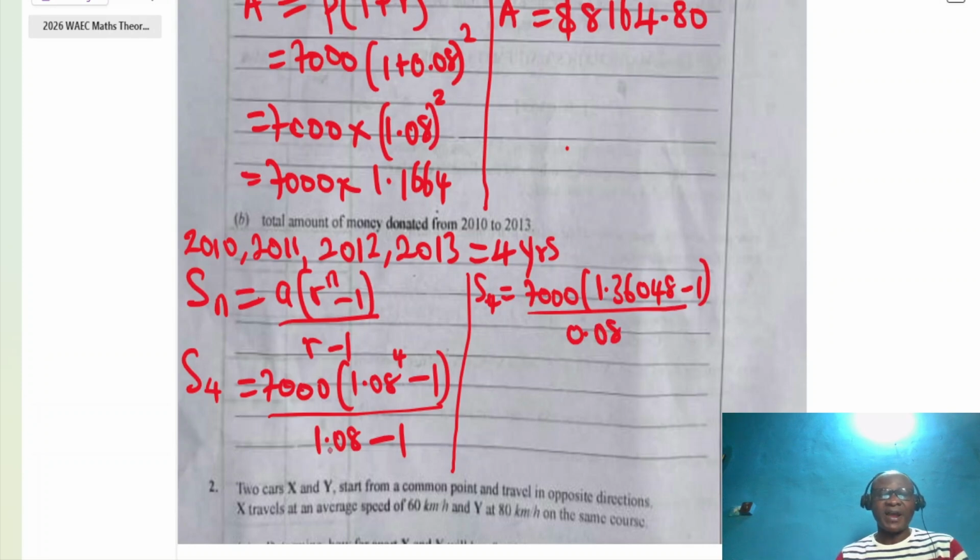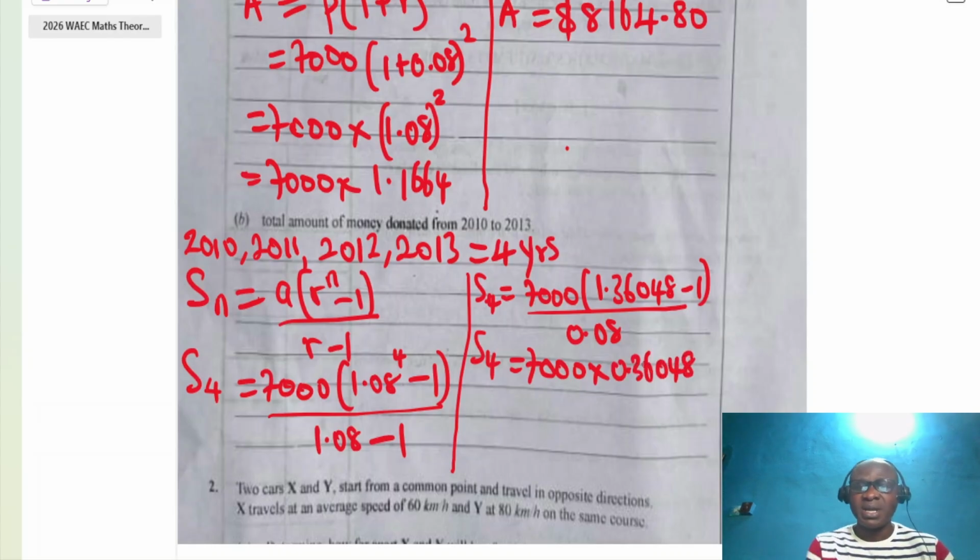That is, if I do 1.08 minus 1, I get 0.08. If I subtract 1 from that value, I get 7,000 multiplied by 0.36048. Mind you, I have to limit the decimal point; 4 decimal places can still work, there are more digits there, so I can't go further.